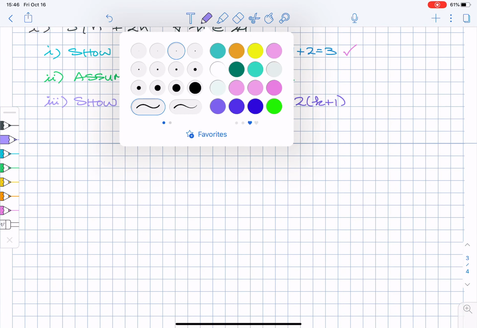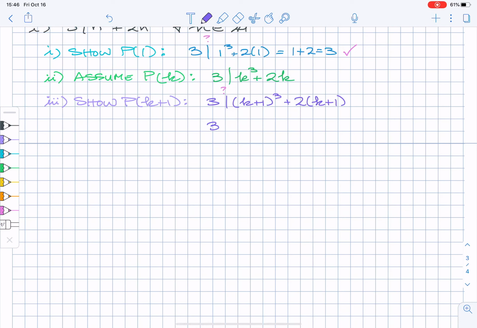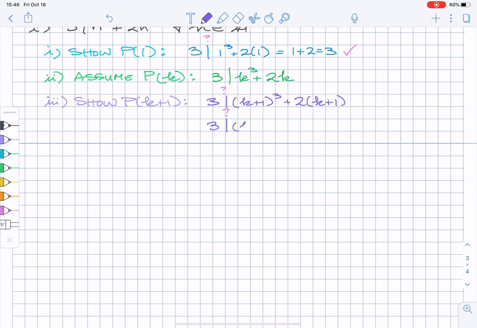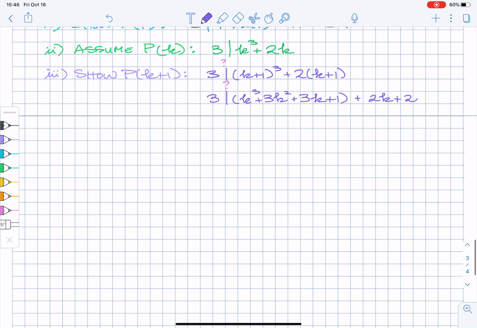So does 3 divide this? Let's expand the binomials. This is going to be k cubed plus 3k squared plus 3k plus 1. And let's distribute plus 2k plus 2. So on the next page, let's combine like terms.